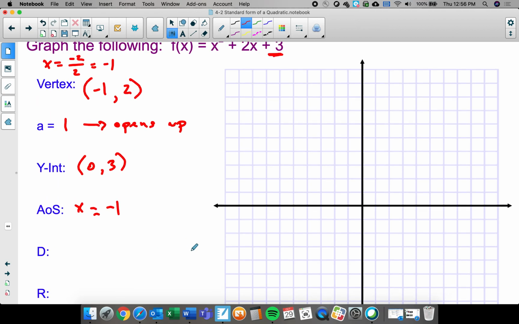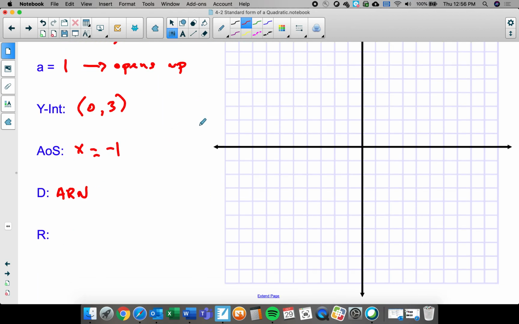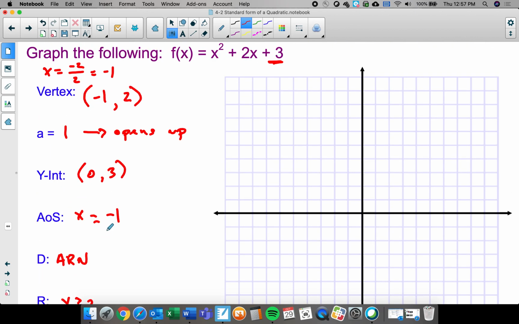Domain, we had already said the domain for all of these is all real numbers, okay, because you can square anything. And then the range, because this opens up, that means the vertex is a minimum value, so my range then is going to be y is greater than or equal to 2. And the 2 is coming from the y coordinate of your vertex.